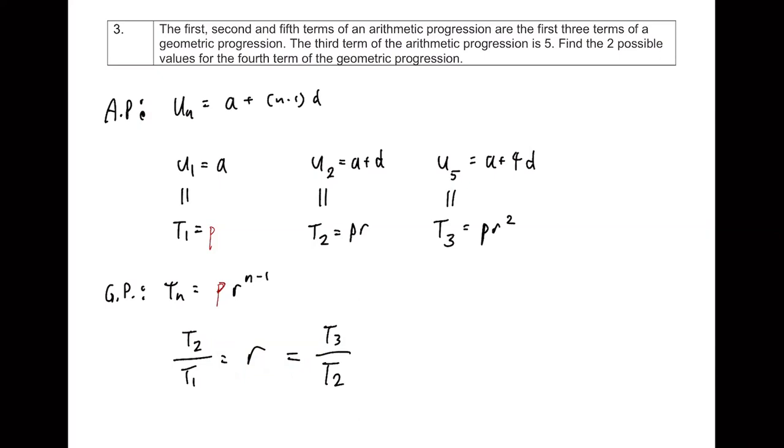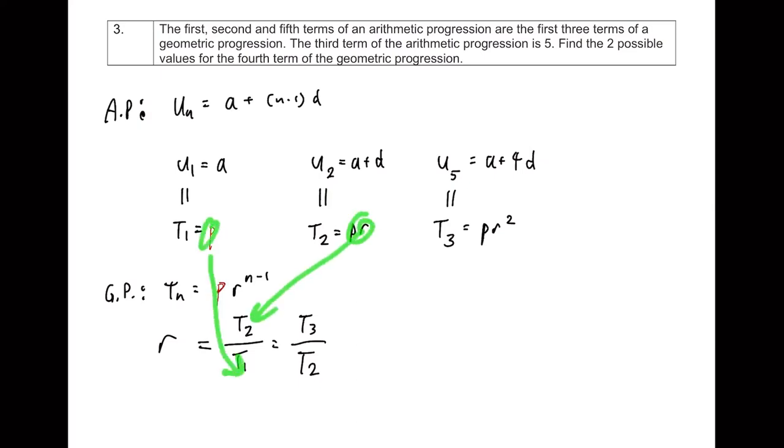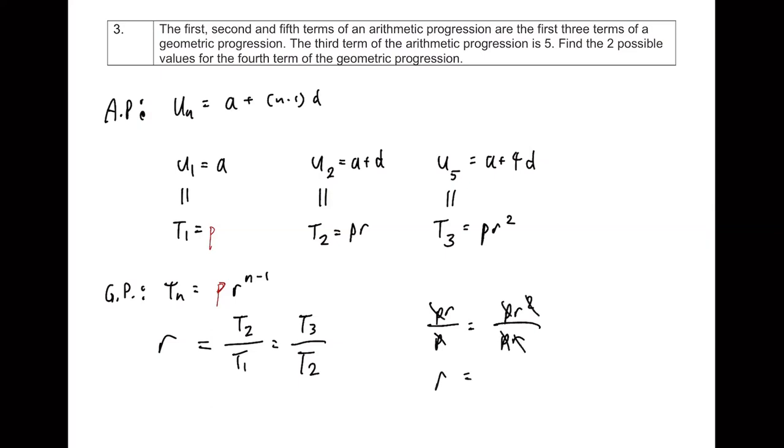I'll put the R on the left-hand side here, and T2 over T1 equals T3 over T2. But would it be useful if we just directly substitute with PR and P? Not really. If you directly substitute with PR squared and PR, P and P cancel off, you're left with R on the left. R and R cancel off, you're left with R on the right. You get R equals R, which is true, but not so useful.